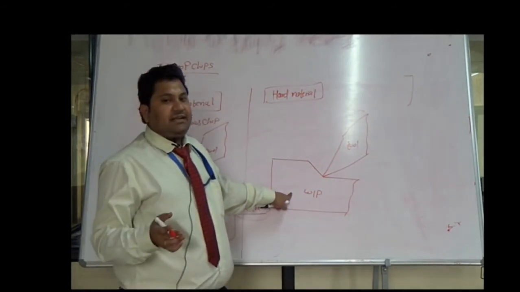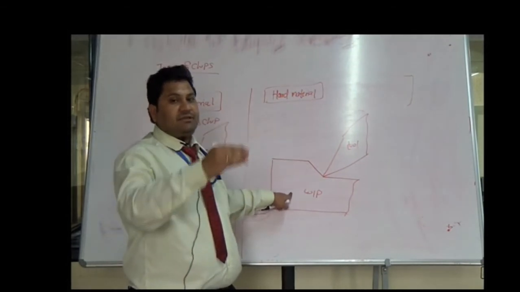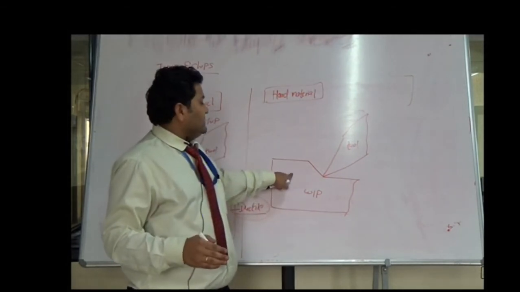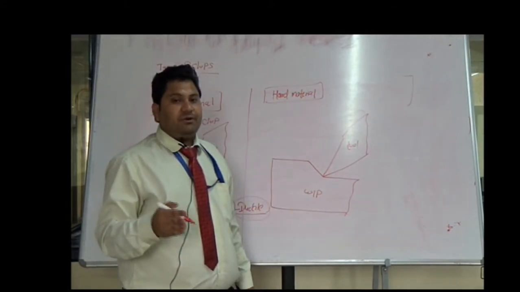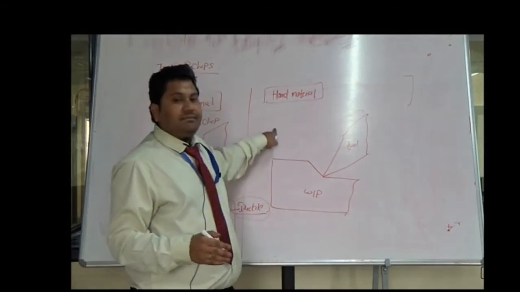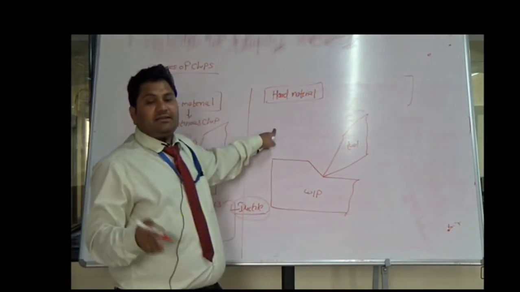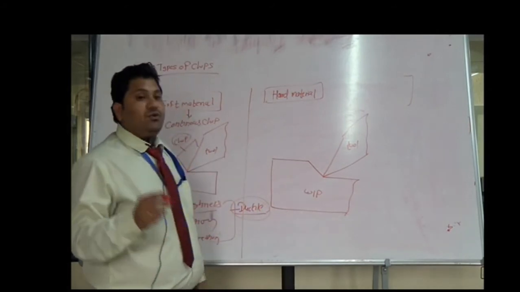Again, when the tool advances in the workpiece, heat is generated because of the plastic deformation in front of the rake face of the tool. Again, what will happen? But the main property of the brittle material, that is the hard material, is that hard material is nothing but brittle material. The brittle material has very low toughness.